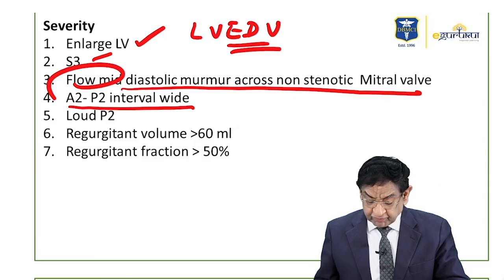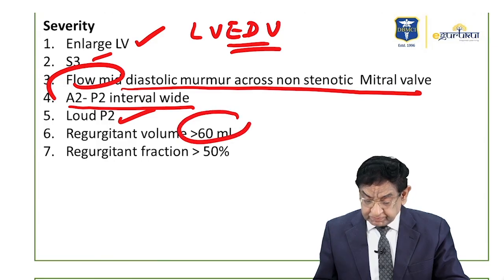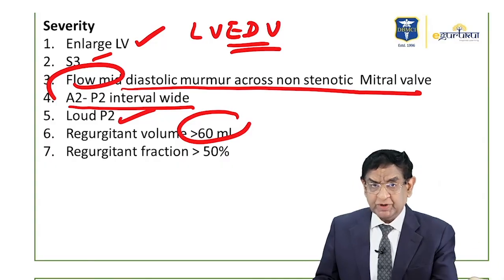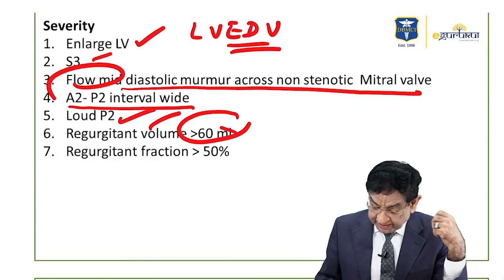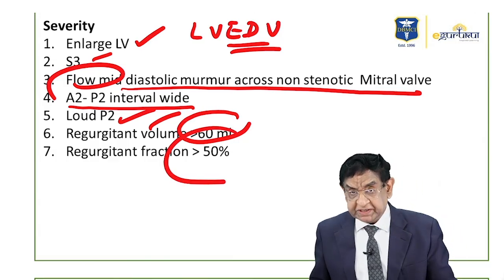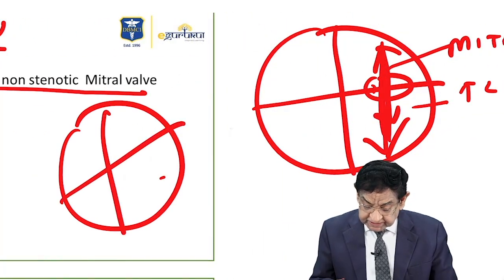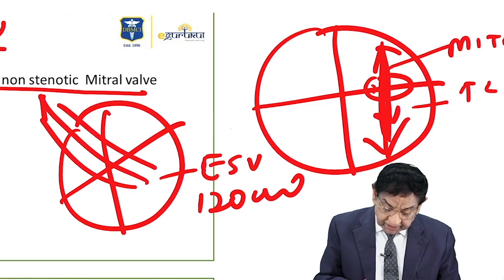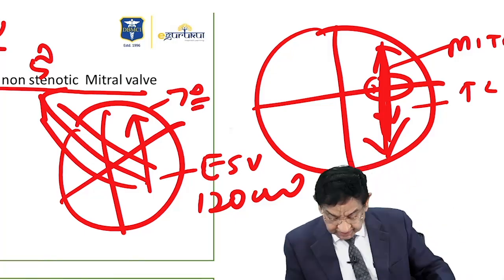A2-P2 interval wide, loud P2, regurgitant volume, I mentioned to you. By echocardiography, we can come to know how much blood is going from LV to LA, the so-called regurgitant volume. And moreover, we can even come to know how much regurgitant fraction is there. Suppose this is the end diastolic volume, and it is 120 ml, let's presume, and maybe 50 ml goes here and 70 ml goes there. Let's do a simple calculation, okay?